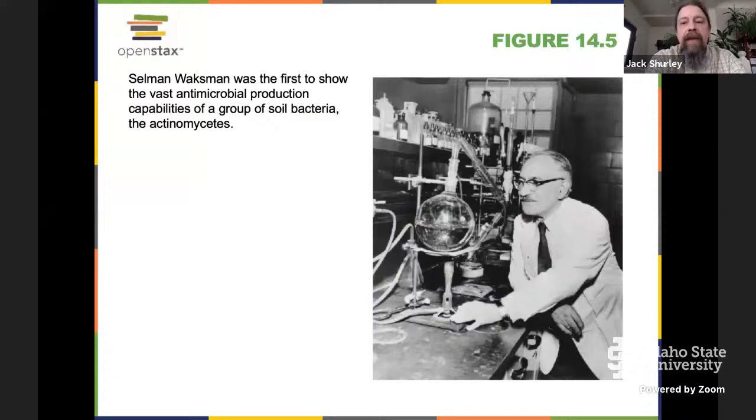Some of these guys, they're soil bacteria, and you can grow up some colonies of these actinomycetes, and it smells like dirt. It smells very weird, and really, the odor of soil is the result of a lot of these microbes within there, the actinomycetes.